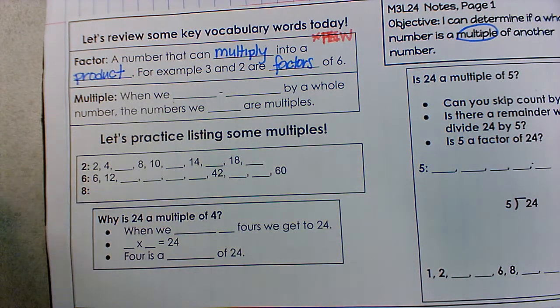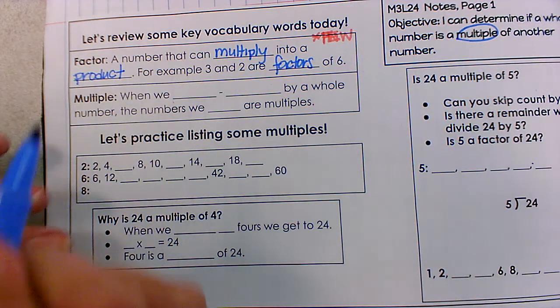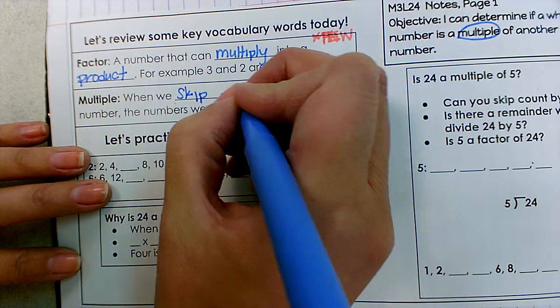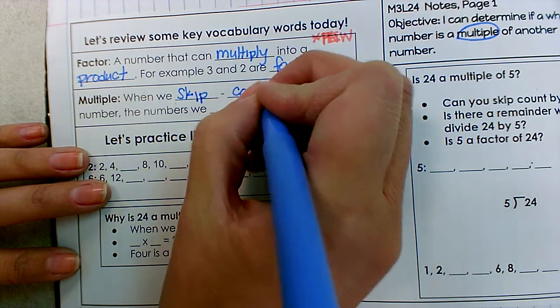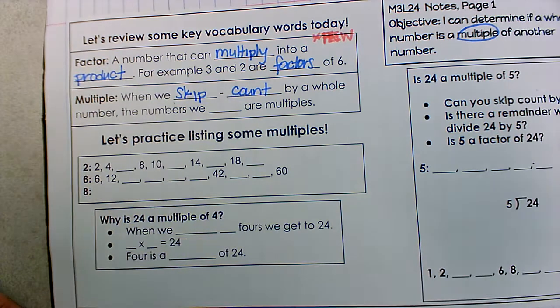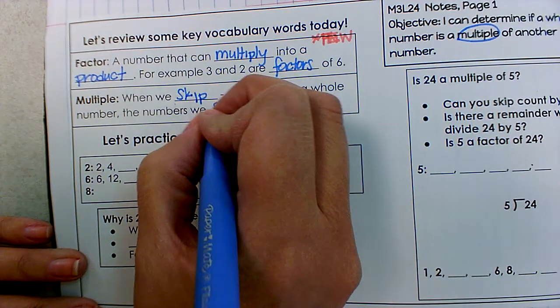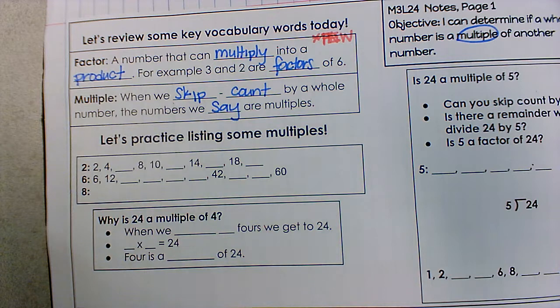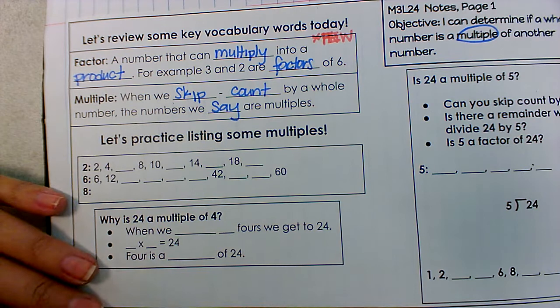Now a multiple, here's how we find a multiple of a number. When we skip count by a whole number, the numbers we say are multiples. So for example, if I am going to skip count by 2's, I would say 2, 4, 6, 8, 10, 12.